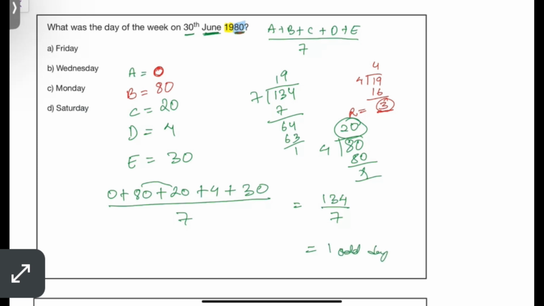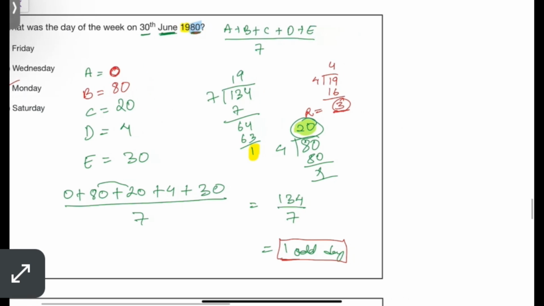Make sure you are taking the remainder only, because when we talk about odd days, we are talking about the remainder, and when we talk about leap years, we are talking about the quotient. Always remember that. One represents how much in terms of week? Sunday is 0, so Monday is 1. So the answer is this one.